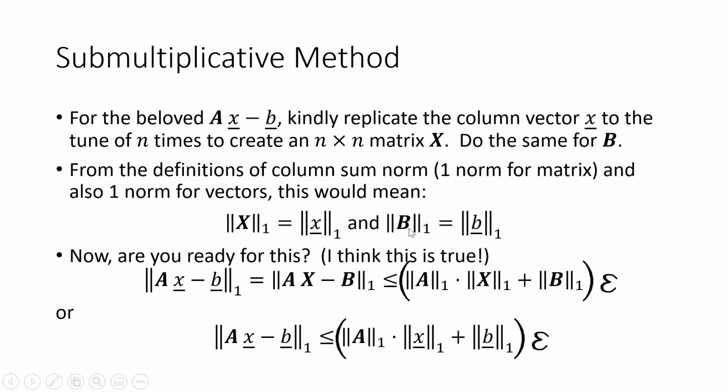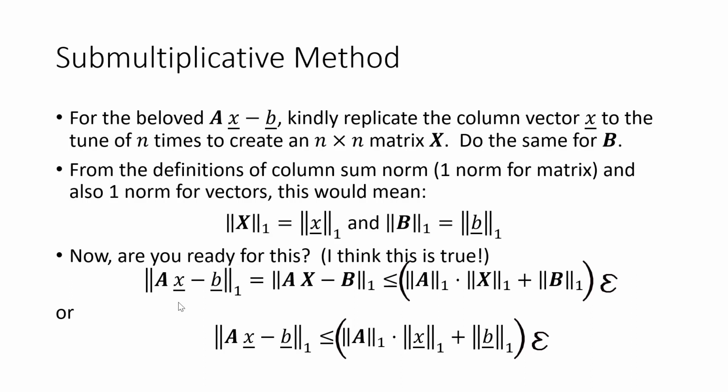And similarly for matrix B that I've defined that way, the 1 norm for it will be equal to the 1 norm for the vector b. It has to be this way if you think about it. The columns of matrix X come from the vector x, so the 1 norm of this would have to be equal to the max column sum. All of the columns would have the same sum based on how this is written out. So this has to be true, so that makes sense.